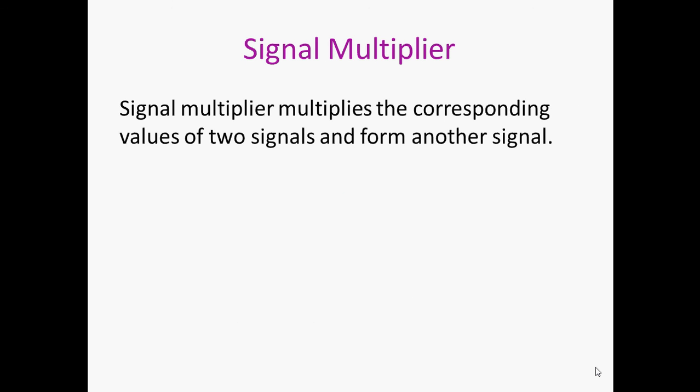Signal multiplier. Signal multiplier multiplies the corresponding values of two signals and forms another signal. So if x1 of n and x2 of n are the two signals, the corresponding values are multiplied to get another signal y of n.